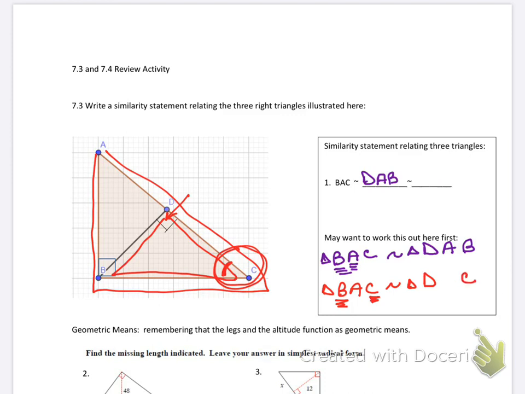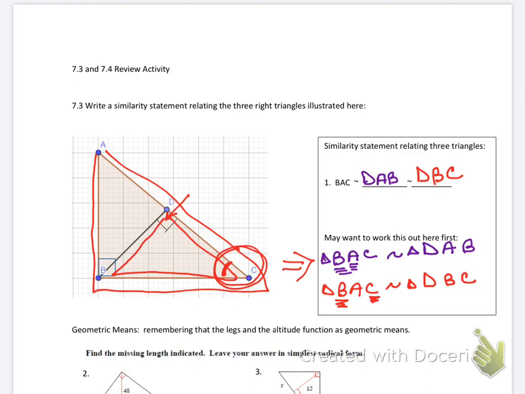So it's in the last spot. Then what's the other letter in this triangle? And you should be saying B. So your expression is complete now, and you can bring it up to the top, and I can say DBC. So that's what you should be getting when you write a similarity statement. And this is your best approach.